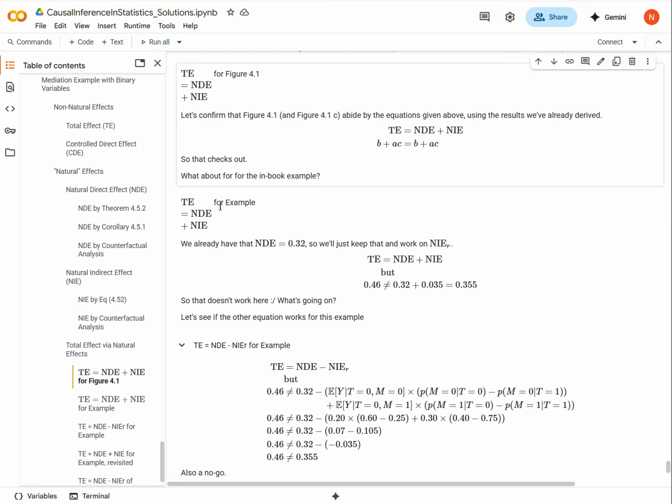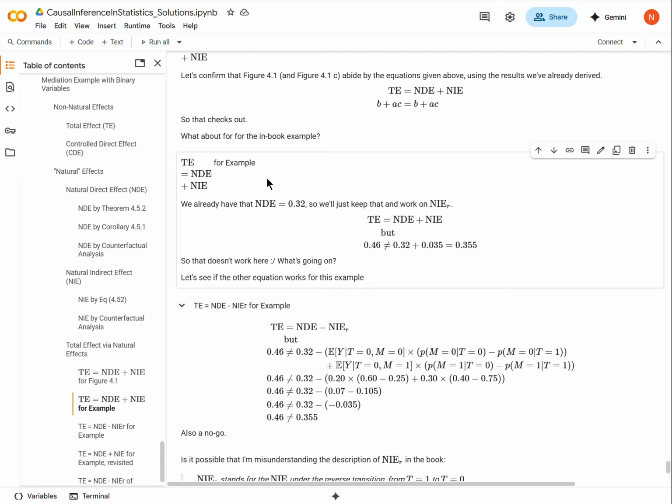What about the numerical example presented in the book? We found that the NDE was 0.32, and we found that the total effect was 0.46, and that the NIE was 0.035.